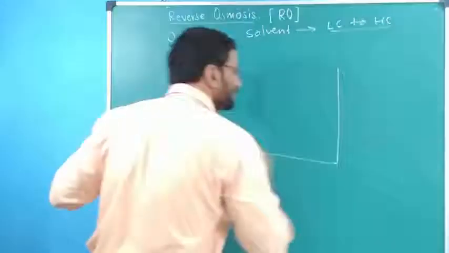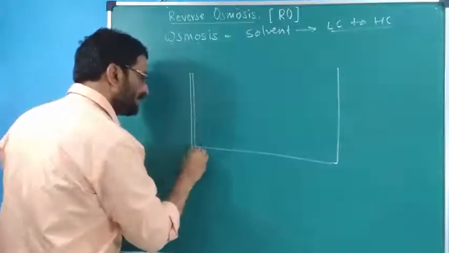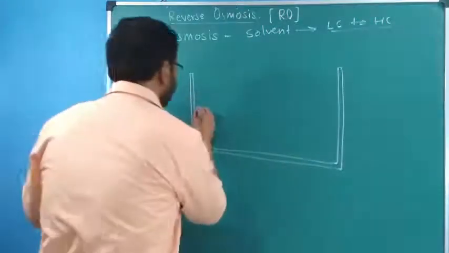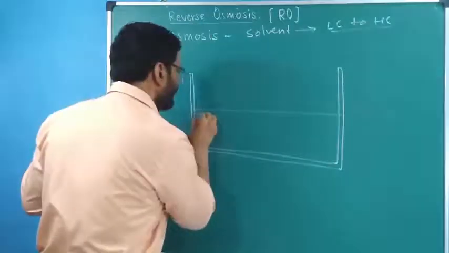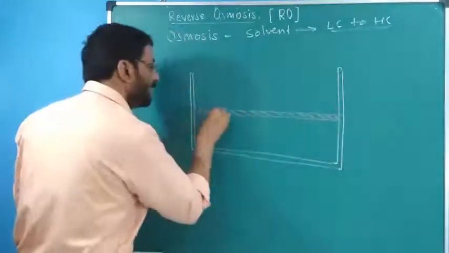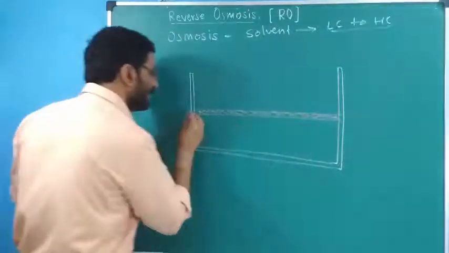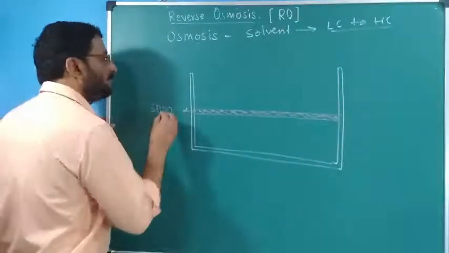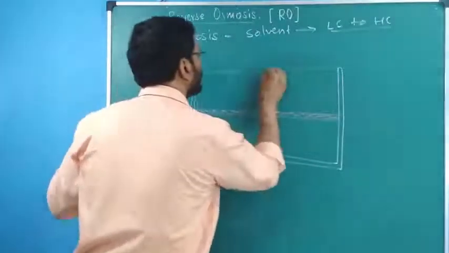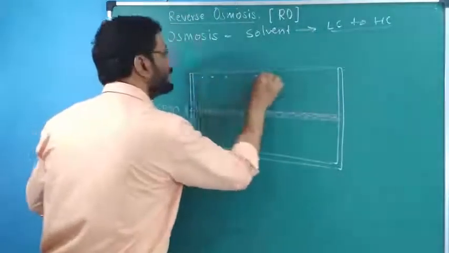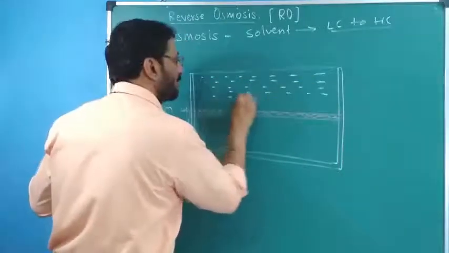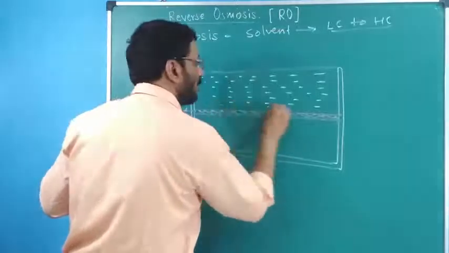Roughly this is my container, my osmosis plant. Somewhere here I have applied the semi-permeable membrane. It is not permeable, it is semi-permeable. It allows passage mainly to solvent. Here I have taken sea water, higher concentrated or impure water containing soluble salts and ions.